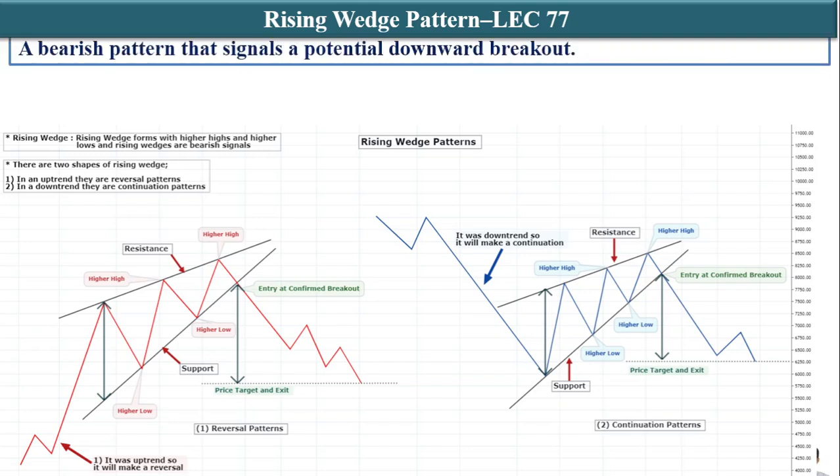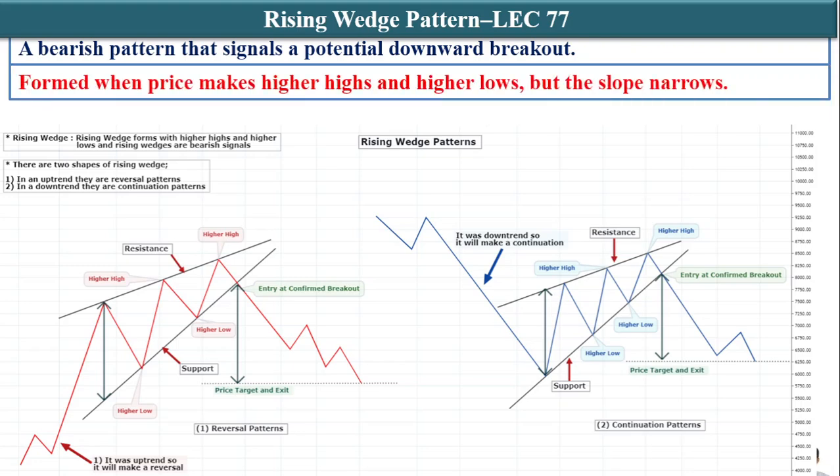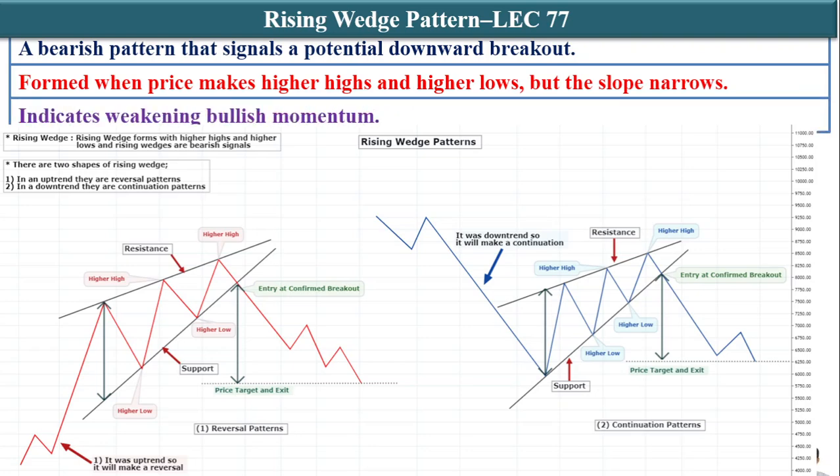A rising wedge is a bearish technical analysis pattern that signals a potential downward move after a period of upward price movement. It typically forms after an uptrend and is considered a reversal pattern, though it can also appear in a downtrend as a continuation pattern.